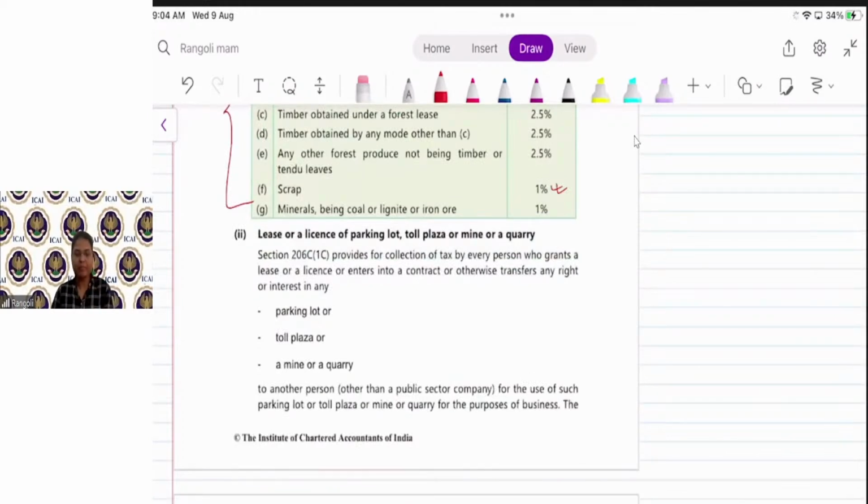Next, lease or license of parking lot, toll plaza, or mine or quarry.